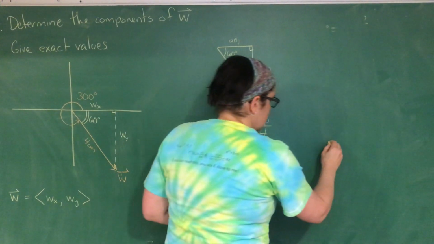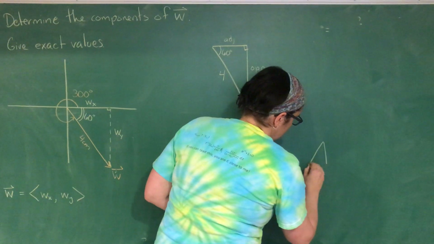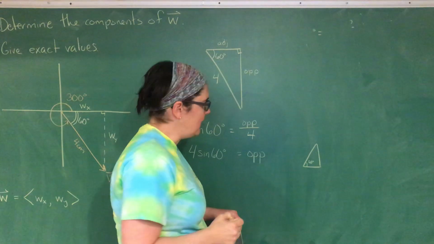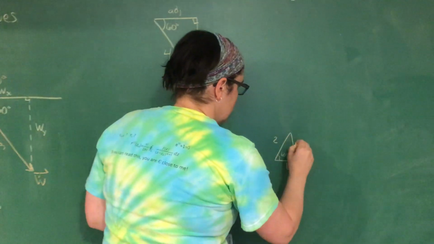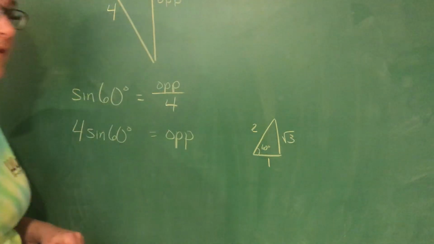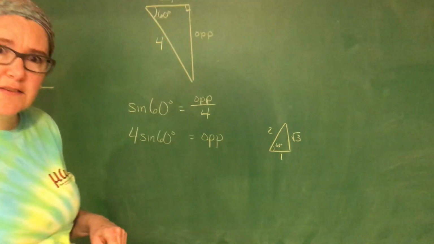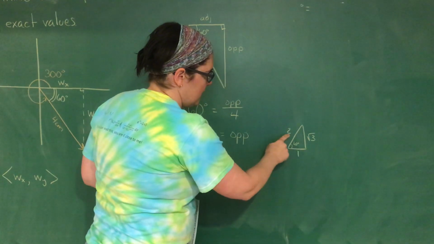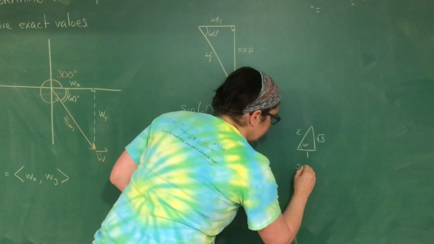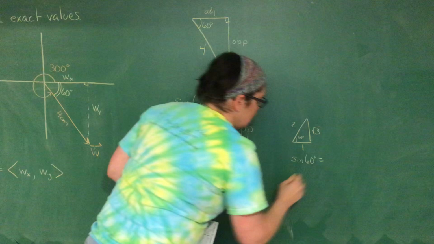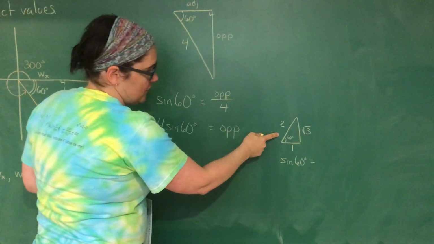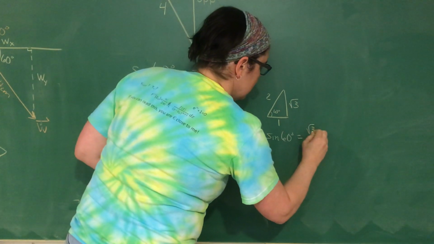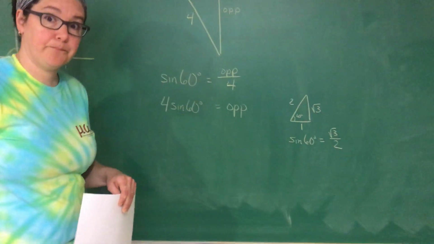Or you might draw yourself a real quick little triangle over to the side, our sort of mini 60-degree triangle, where we have 1, 2, and square root of 3 as our 3 sides. And I know that the sine of 60 is opposite over hypotenuse. So for our 1, 2, square root of 3 triangle, sine of 60 is opposite root 3 over hypotenuse of 2.